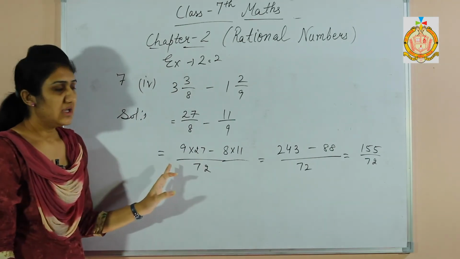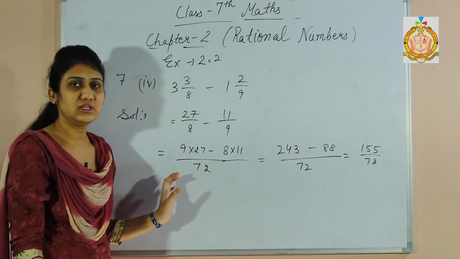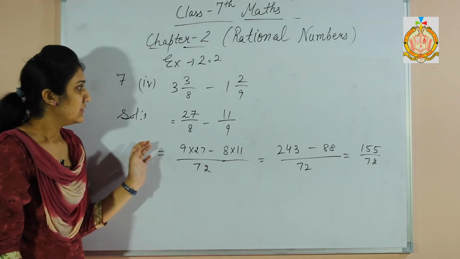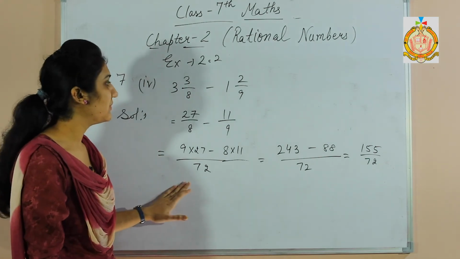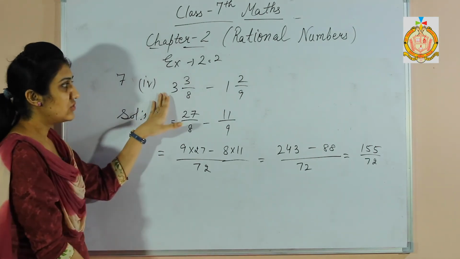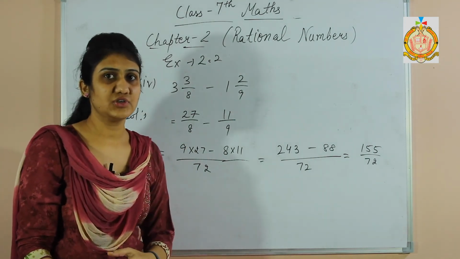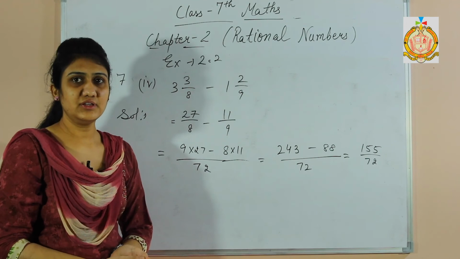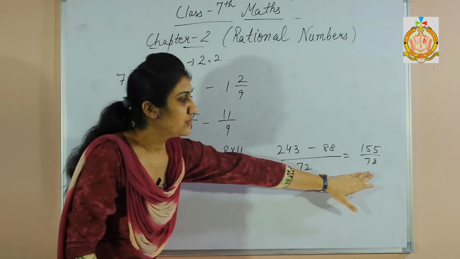This is the same manner, like we first convert to the equivalent fraction. You can do the sums in either method, like I have taught in the addition method; the subtraction method is the same, but here the question is in mixed fraction. If someone asks you a question in English, you reply in English. If someone asks you a question in Hindi, you reply in Hindi. The question is given in mixed fraction, so the answer should also be in mixed fraction.